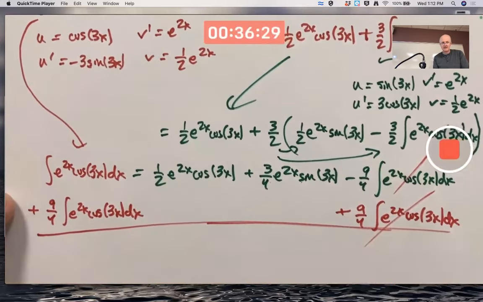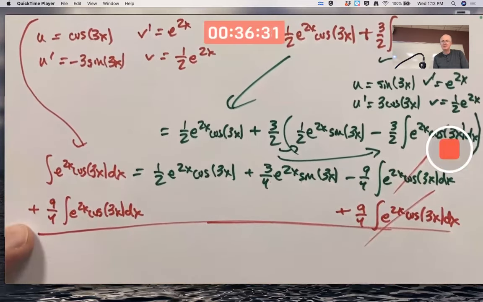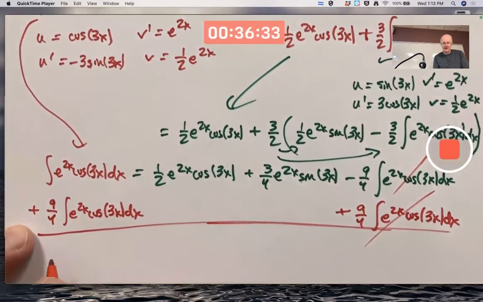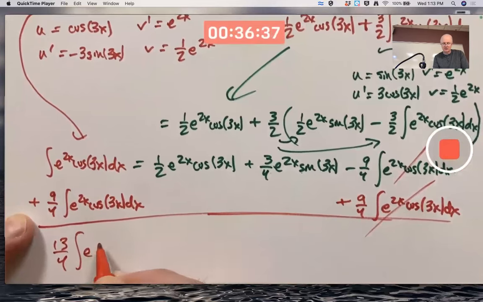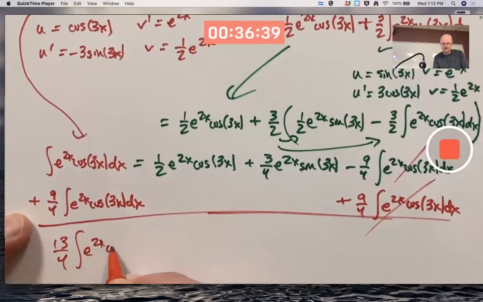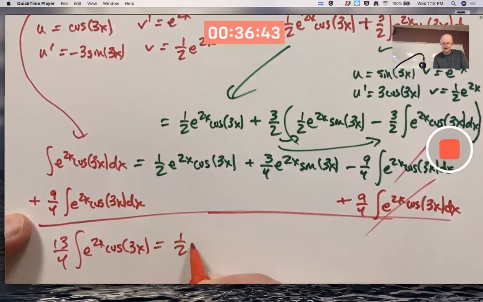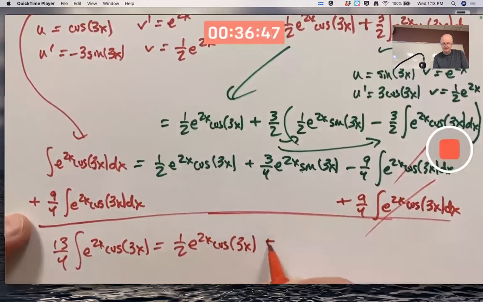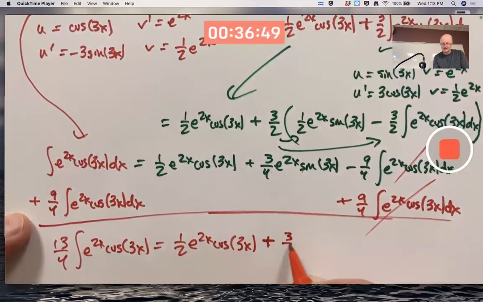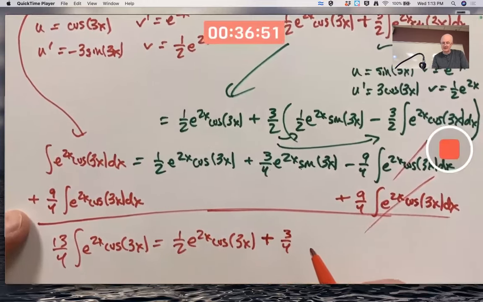Over here, the integral that I want to know plus 9/4 times that same integral is 13/4 times that same integral, because 1 is 4/4. Now to solve the problem, just multiply both sides by 4/13.